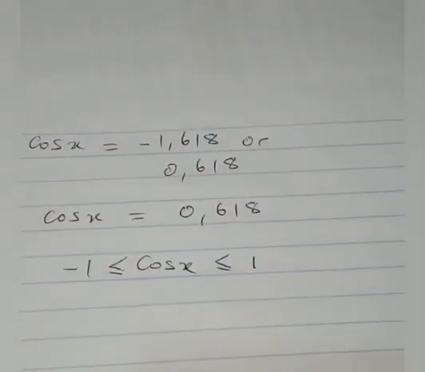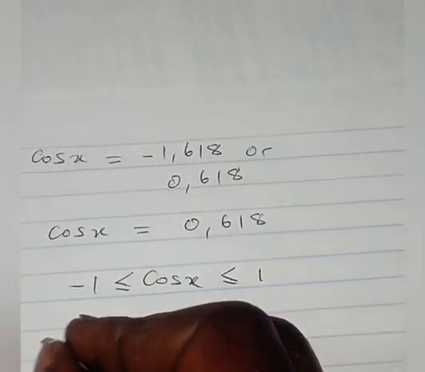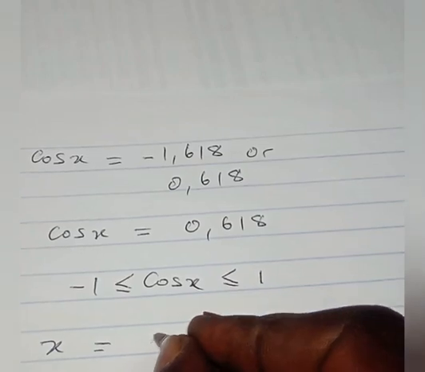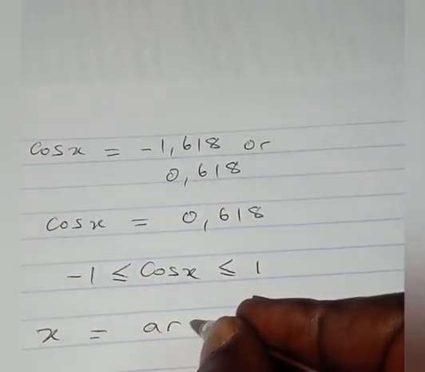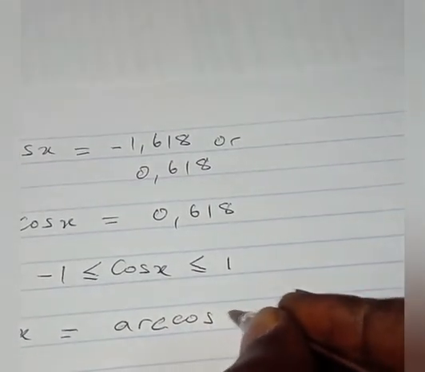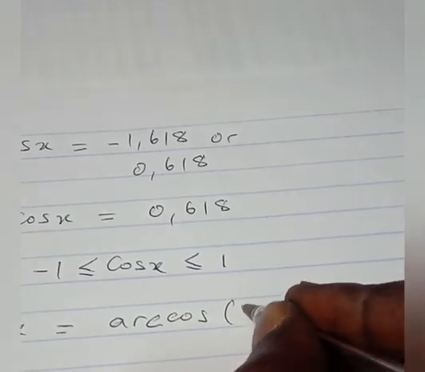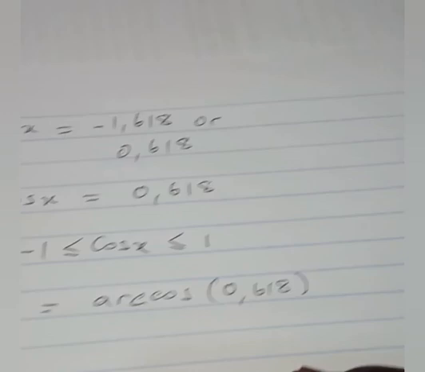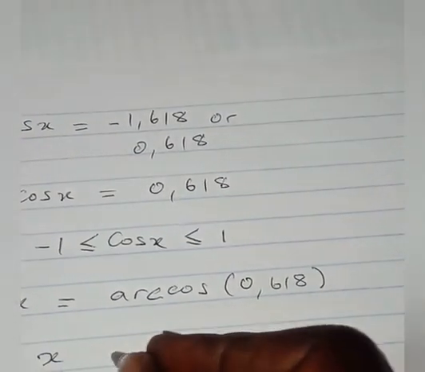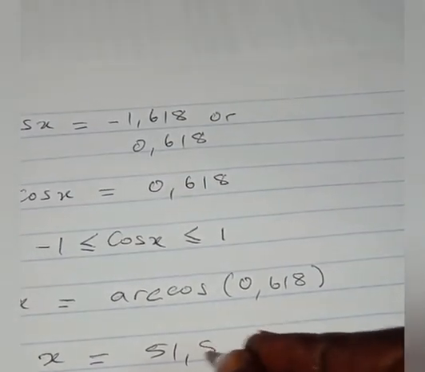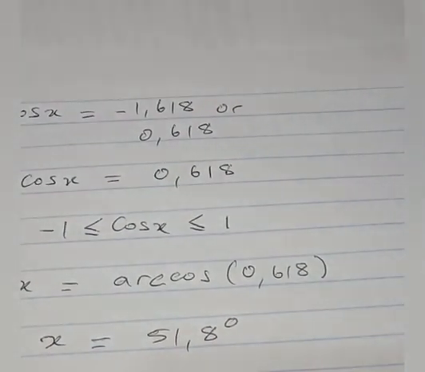Now, we need to solve for x now. We say x is equal to arc cos 0.618. I'm sure you're familiar with this notation. And that gives us a critical value of x, that is 51.8 degrees.